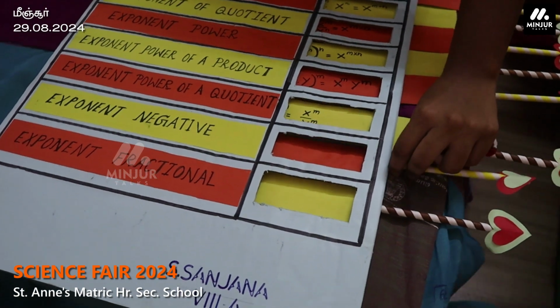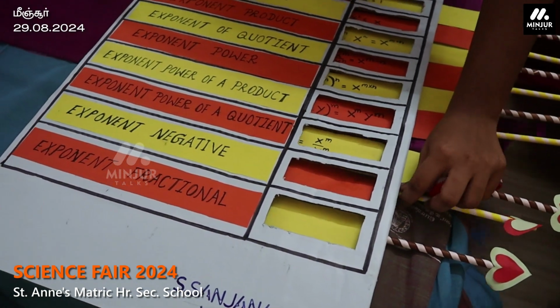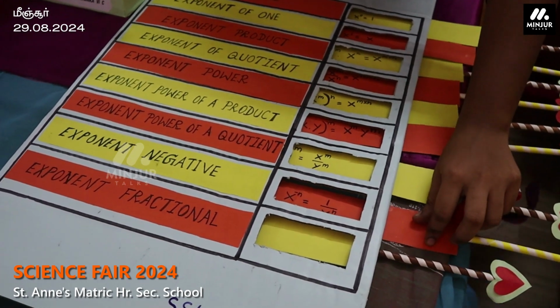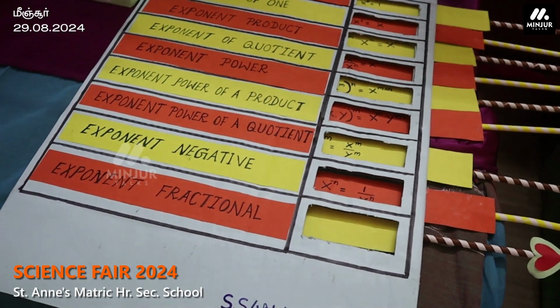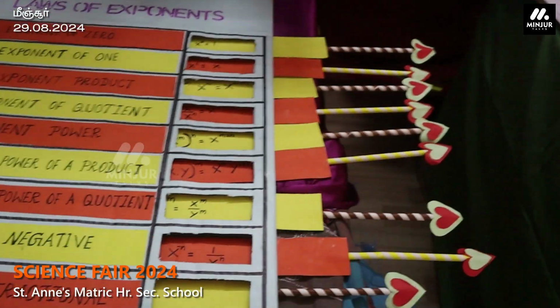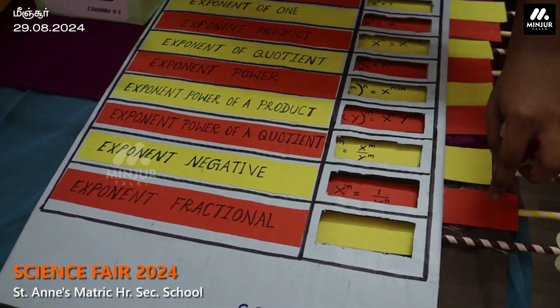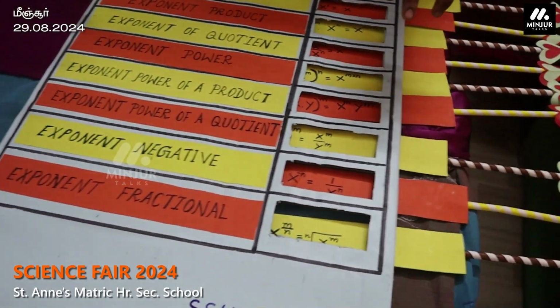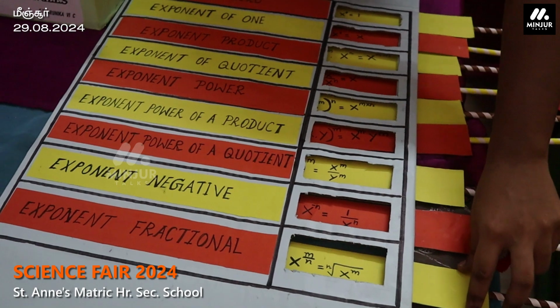To change a negative exponent to a positive one, flip into the reciprocal. The formula is x power minus n is equal to 1 divided by x power n. Exponent of fractional. A fractional exponent results in radicals. The formula is x power m divided by n is equal to the nth root of x power m. Thank you. Hope you like this project. Thank you, sir.